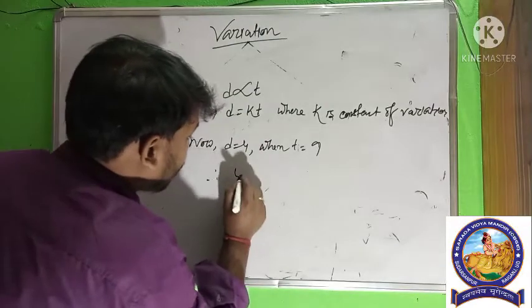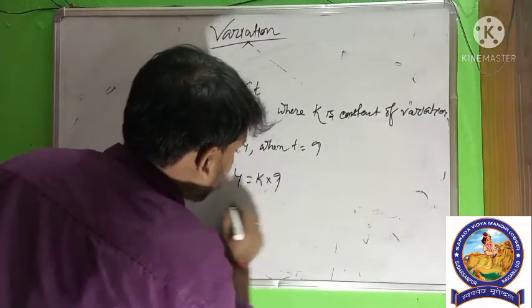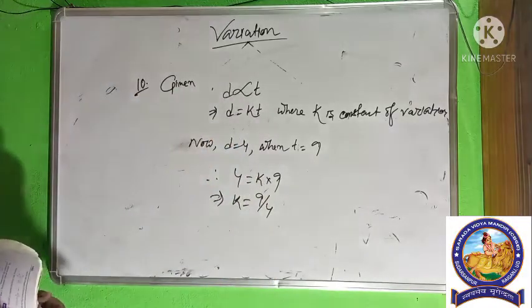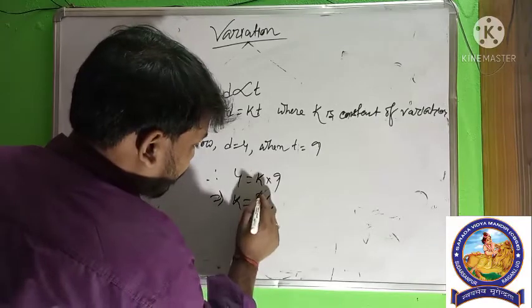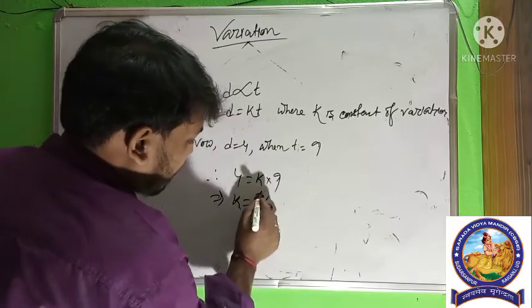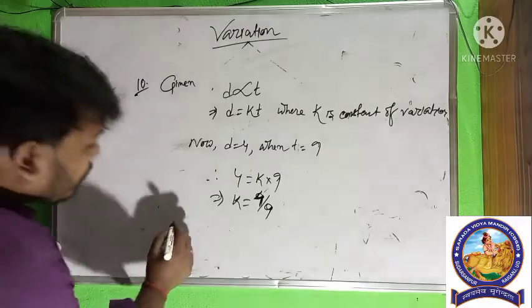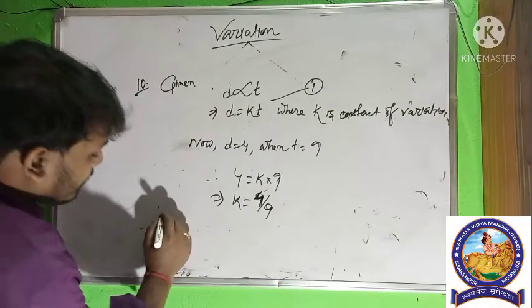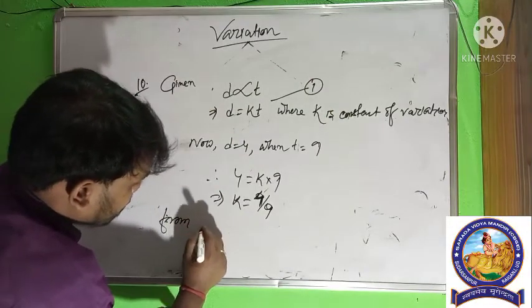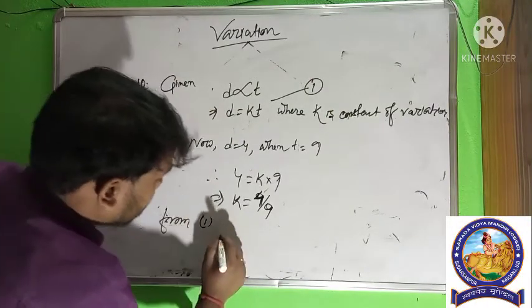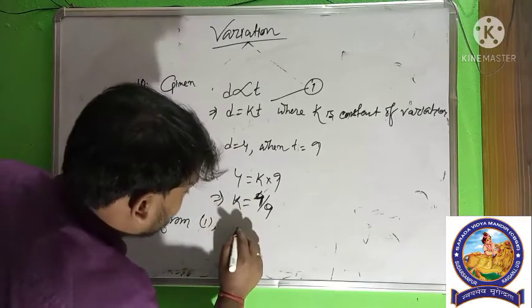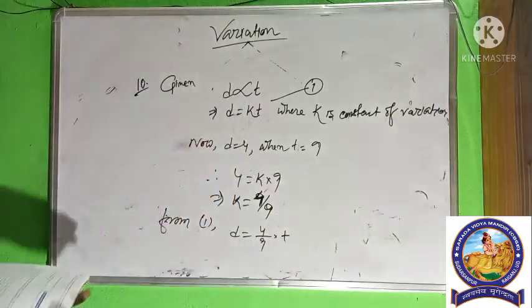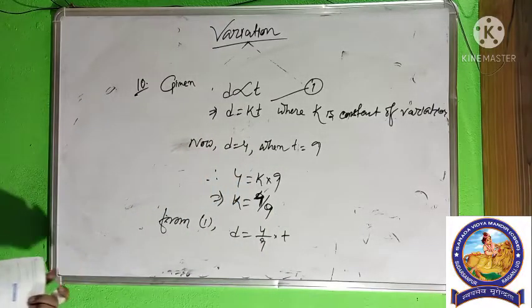Therefore 4 equals k into 9, so k equals 4 by 9. Therefore d equals 4 by 9 t.